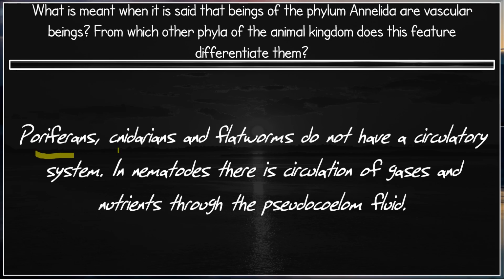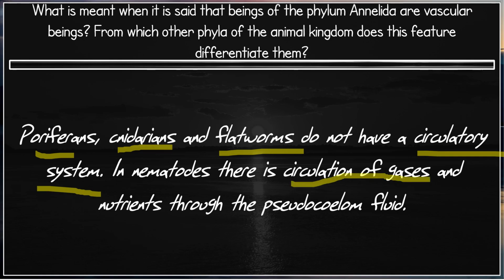Porifera, Cnidaria, and flatworms do not have a circulatory system. In nematodes, there is circulation of gases and nutrients through the pseudocoelomic fluid.